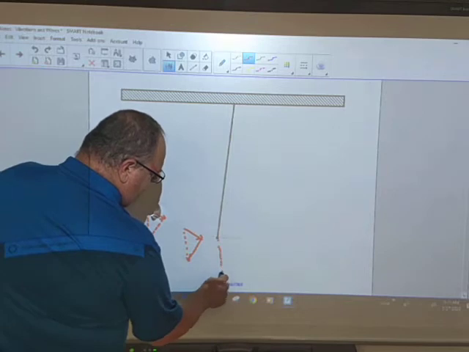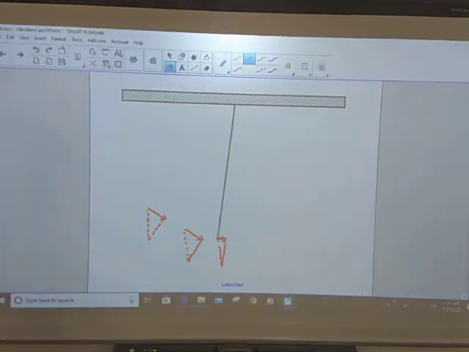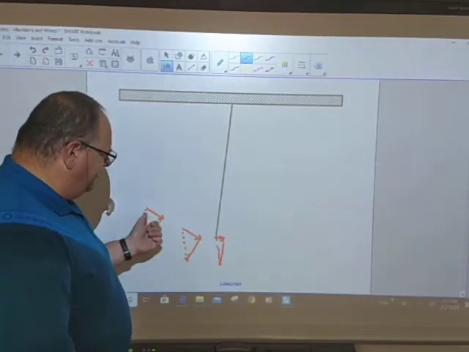Gravity's pulling down. The force gets smaller. The force gets bigger as we get further away.